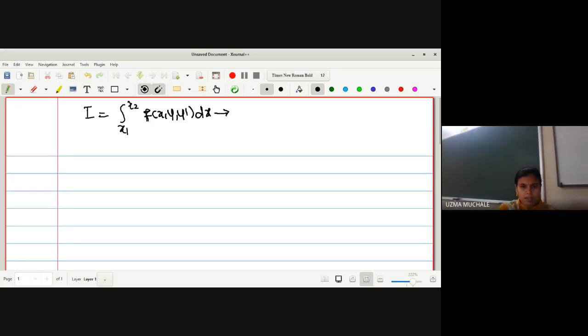The extremization of this should be undergone under this condition: integral x1 to x2 g of x, y, y dash dx, which is equal to some constant.